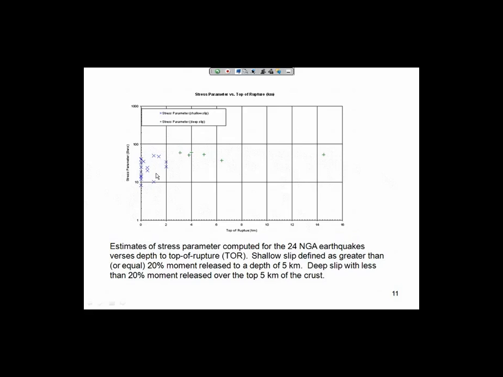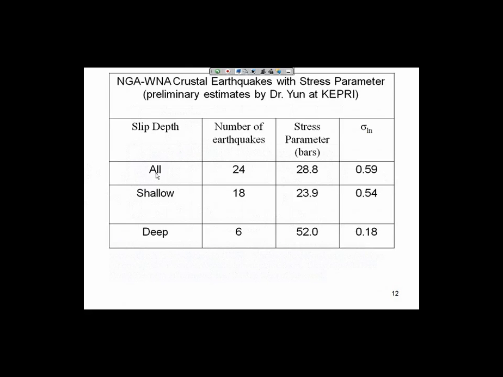And that was summarized in the following table. There are 24 earthquakes, 18 are shallow, and 6 are deep. The median stress parameter for all 24 is basically almost 30 bars. For shallow, it drops down to about 24 bars, and for deep, it's at 52 bars.